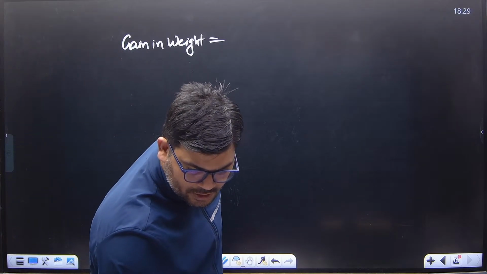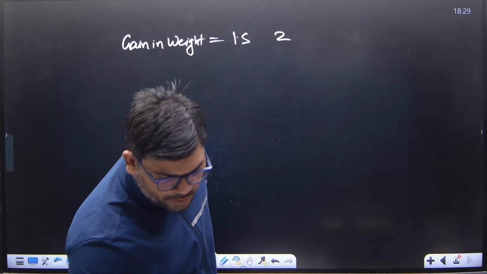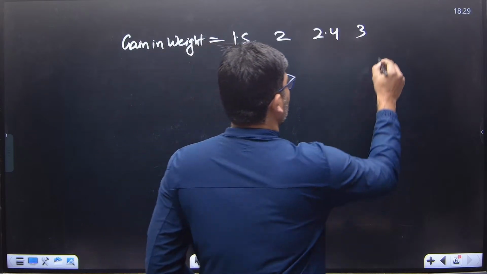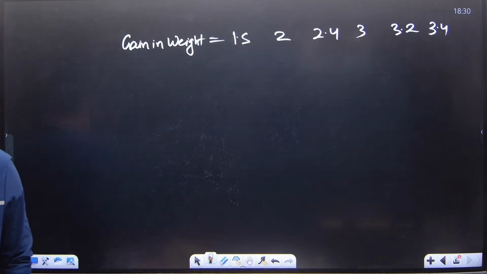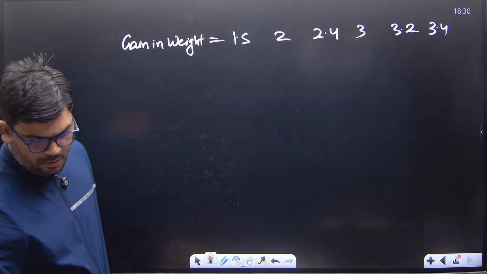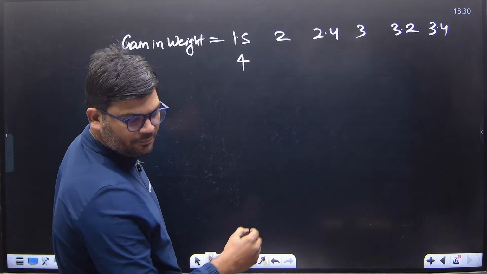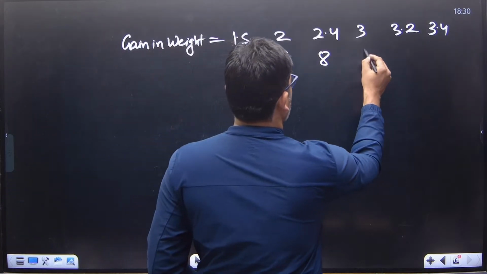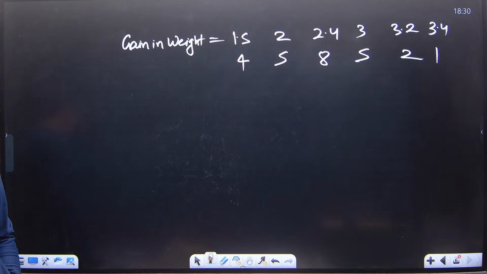It is 1 to 1.5, then 2, then 2.4, then 3, then 3.2 and 3.4. This is 4, this is 5, 8, 5, 2, 1.